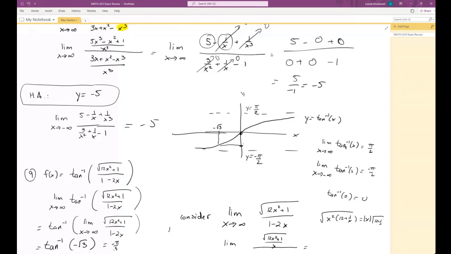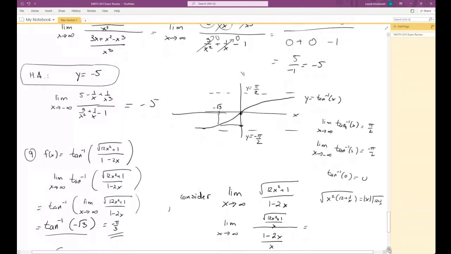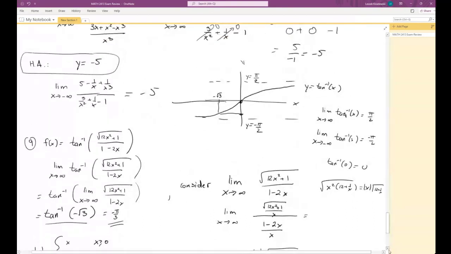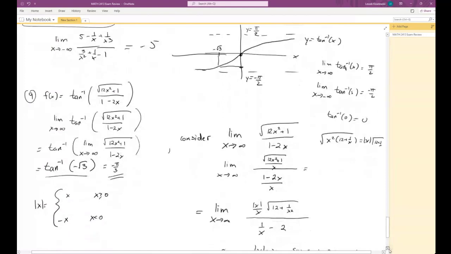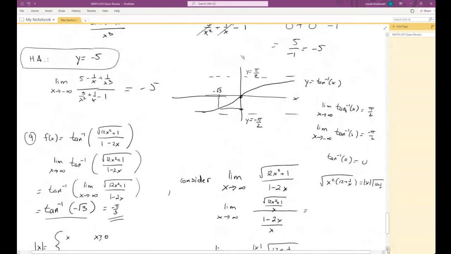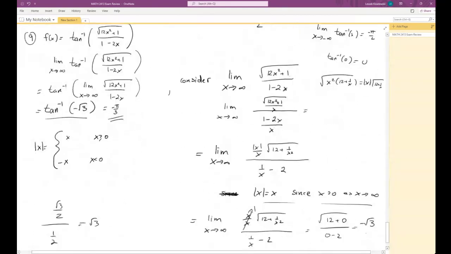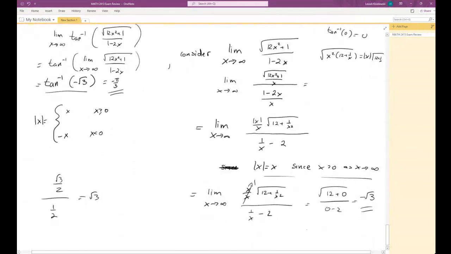Okay. Yes? Why did you jump to the square root, negative square root of 3? Well, how did I get the negative pi over 3? You mean here? Yeah, so square root of 12 over negative 2, you agree with that?